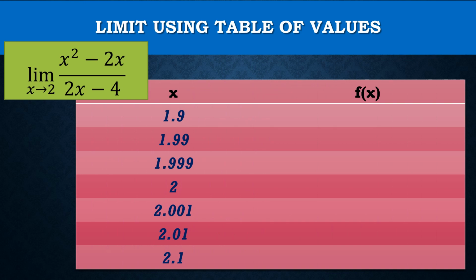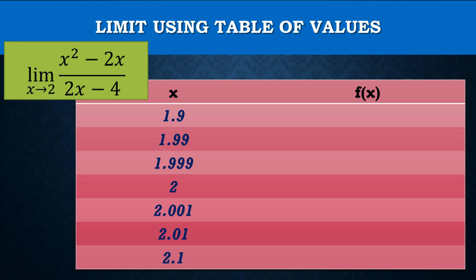Okay, so here, we have your table of values. In here, we set different values for your x. So dito, kayo na bahala mag-isip ng mga values for your x as long as we are approaching to the value of 2. Kasi ito yung titingnan natin, ano nga ba yung limit ng ating function wherein x is equal to 2.